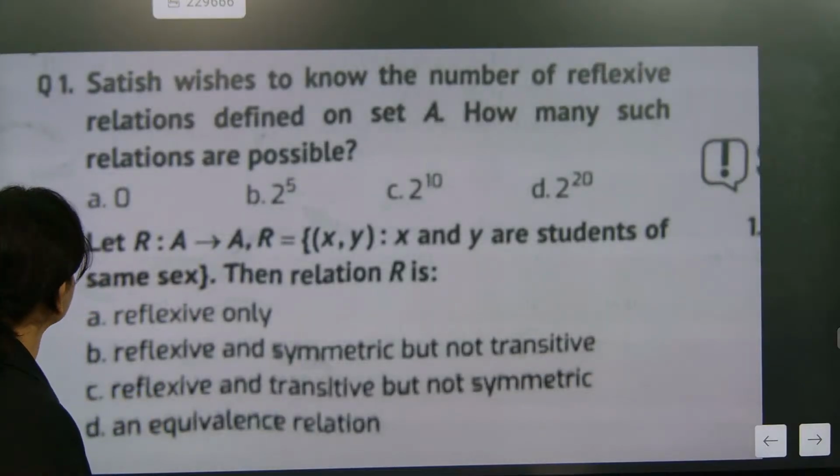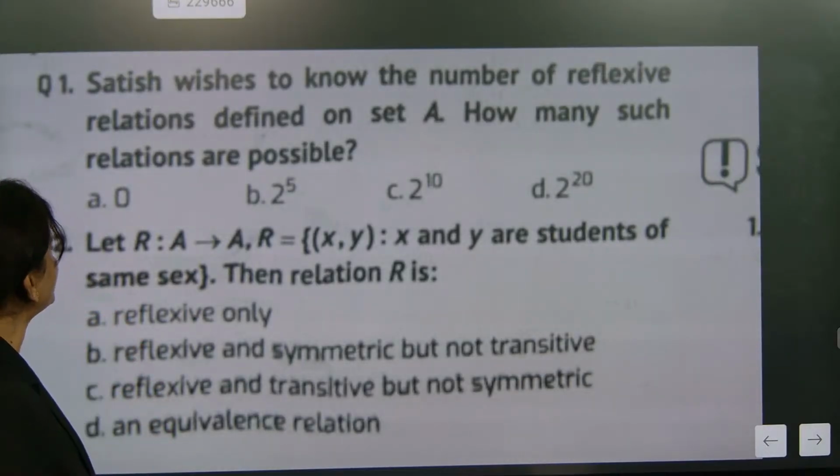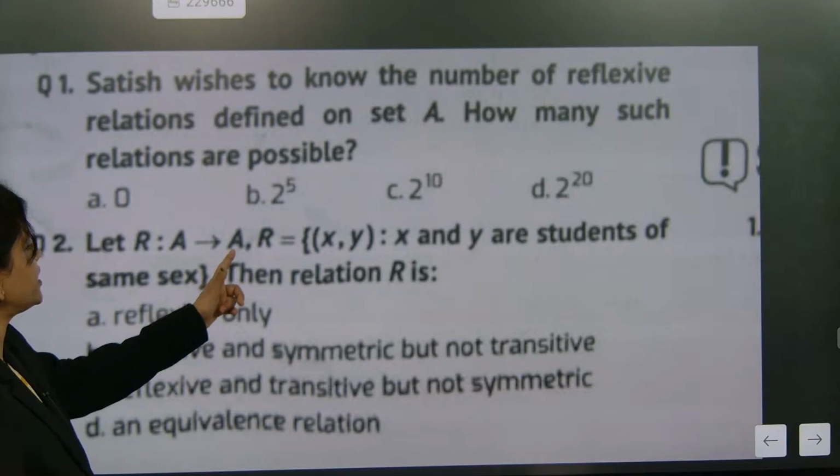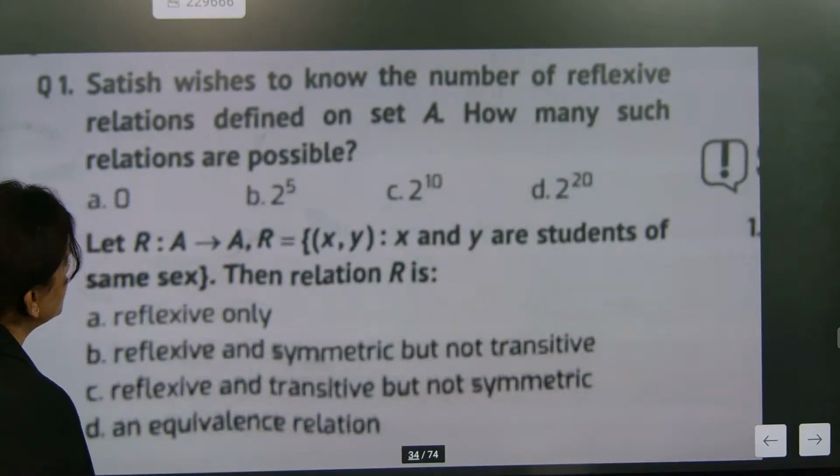Then, so here what is the next part? R is equal to A cross A. Got it? X and Y are students of the same sex.